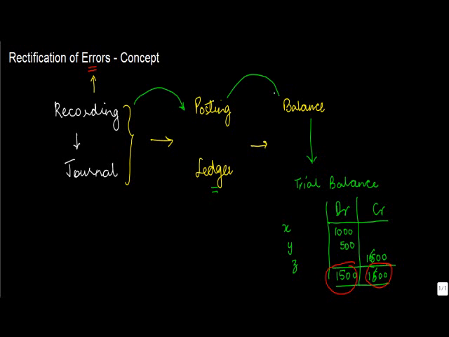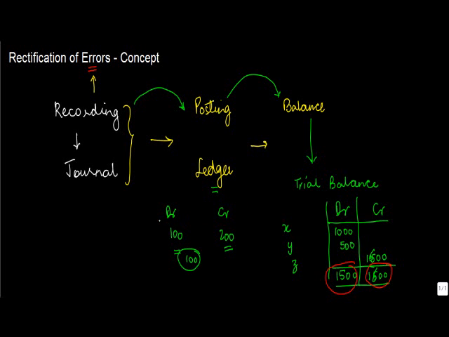Or when you are doing the balancing, so let's say for example on the debit side you have 100, on the credit side you have 200. So instead of posting a credit balance of 100, you post a debit balance of 100, right? So we need to locate these errors which have caused a difference between these two sides.